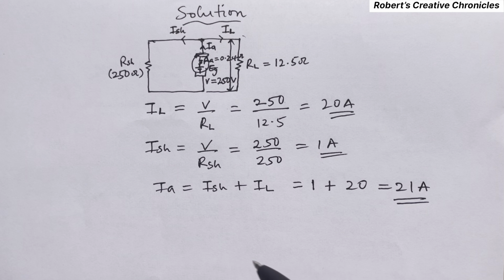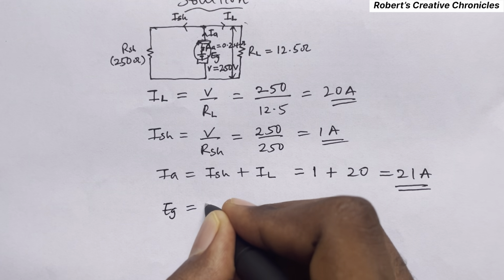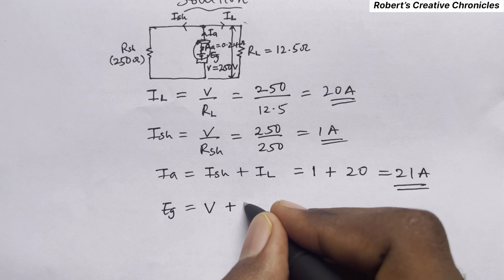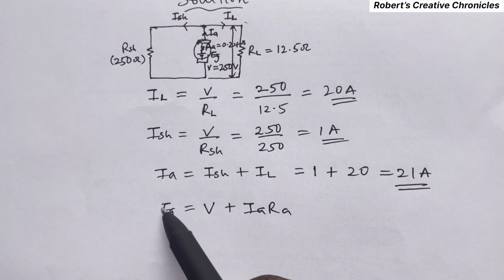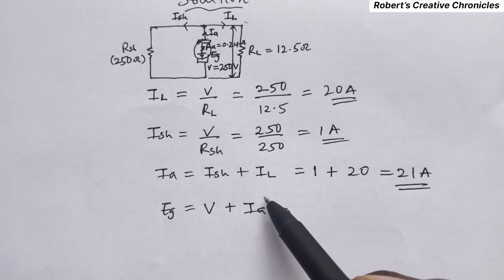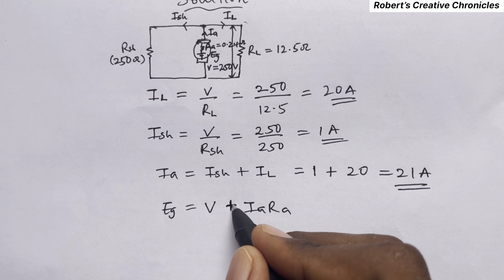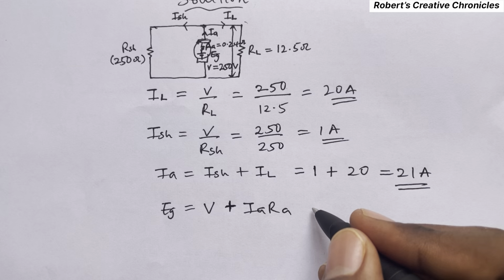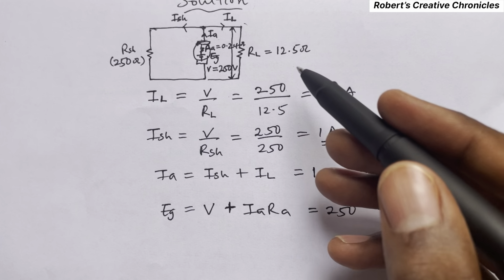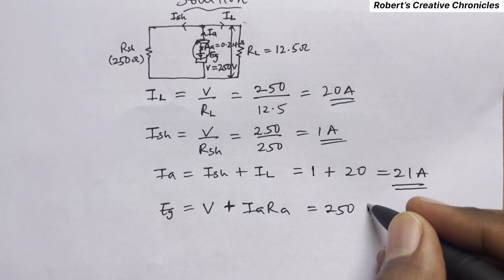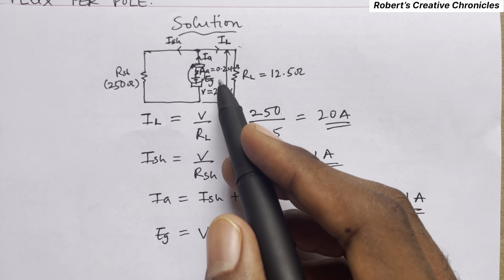Now the formula for the induced or generated EMF for a generator is V plus IARA. If it were a motor, it would be called the back EMF, EB, which is equal to V minus IARA. But for a generator, it is positive. So the voltage is 250 plus IA, which is 21, times RA, which is 0.24.